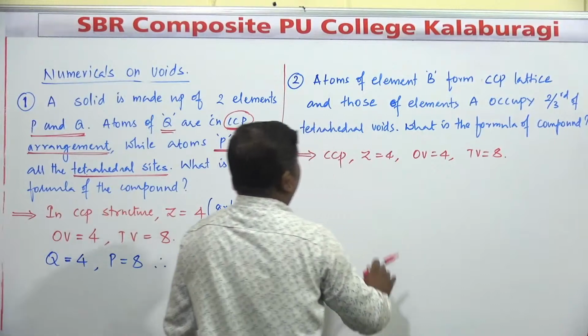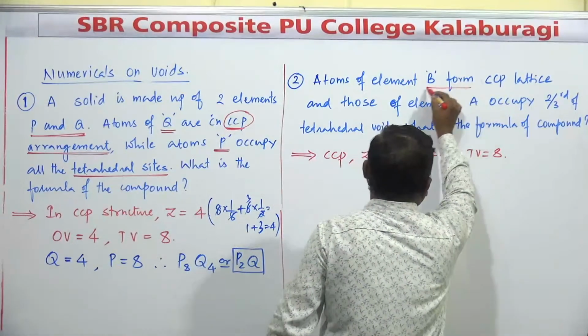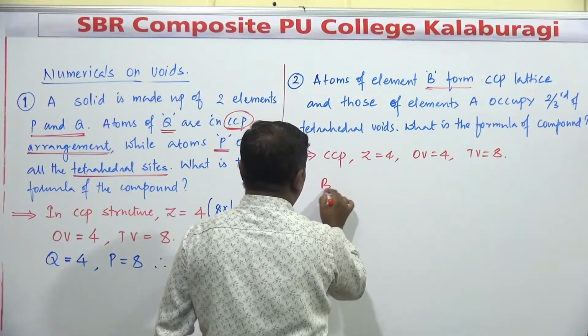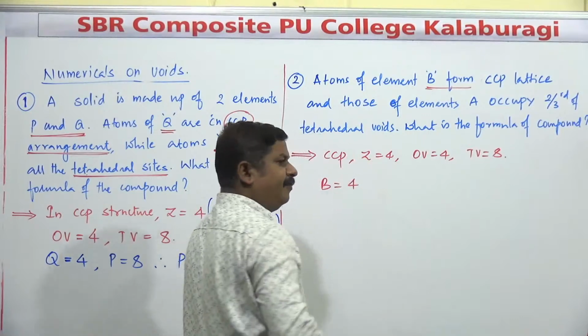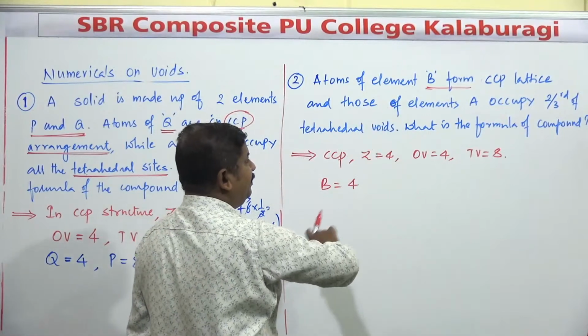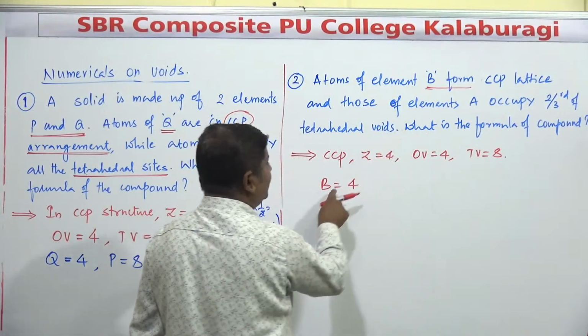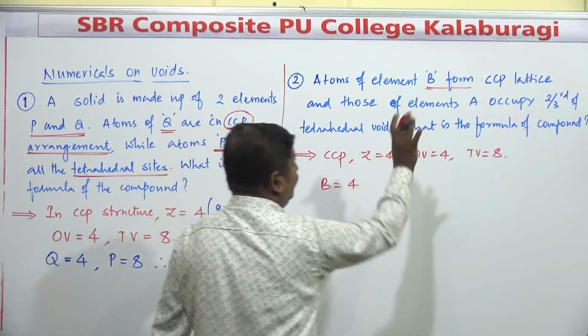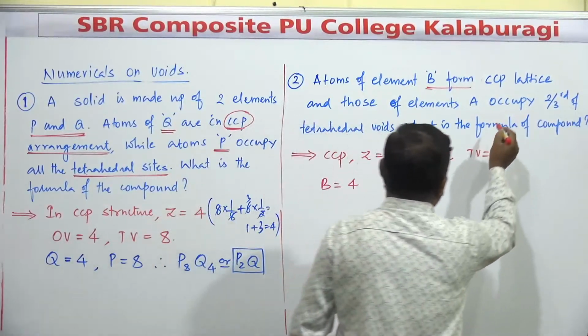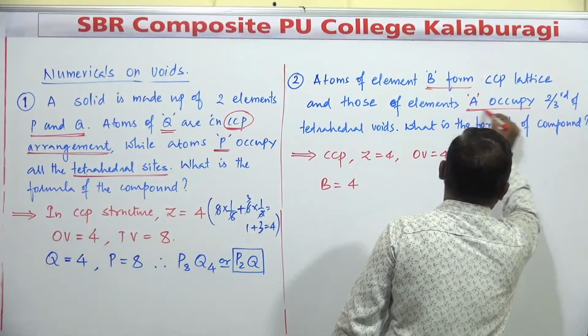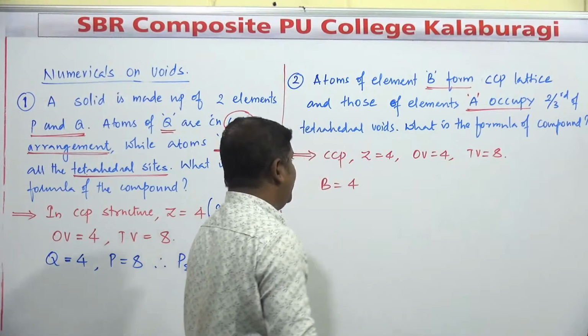Now here, element B is going to be forming what? CCP lattice. So the value of B is equal to, directly I'll write 4 because it forms the CCP. Total number of atoms in CCP, B atom, is equivalent to 4. Whereas element A occupies two-thirds of the tetrahedral voids.